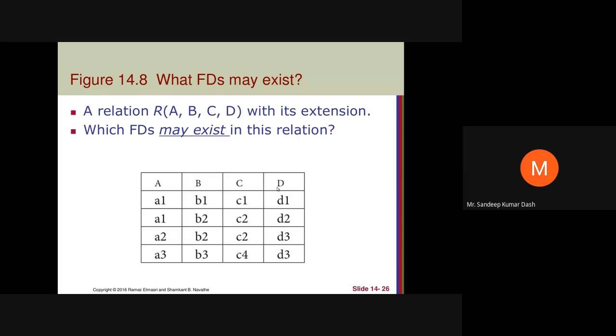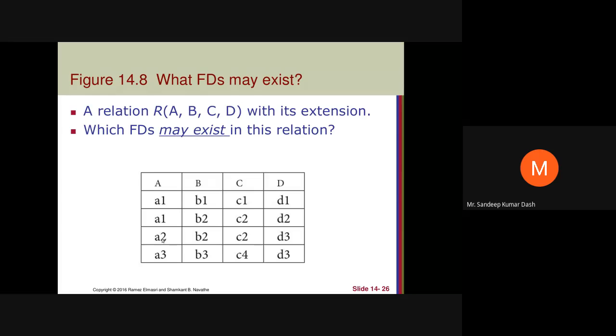Similarly, check between D and B: D1, D2, D3, D3. D1, D2 is single, so no need to worry. D3 is repeated, that means these two should be equal, but these are not equal, so no dependency. Between D and A: D1, D2 is not repeated, no need to worry.